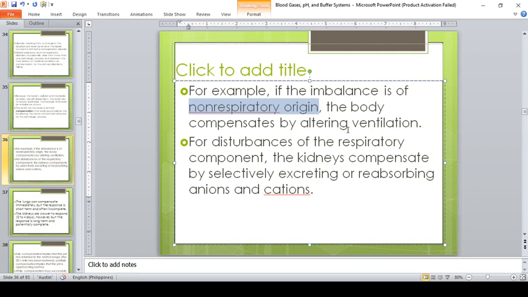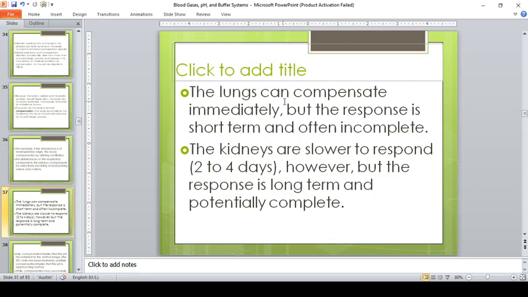So, ano ba yung method of regulating acid-base balance by the lungs? Two ways: either hypoventilation or hyperventilation. For disturbances of the respiratory component, that is the lungs, the kidneys compensate by selectively excreting or reabsorbing anions and cations, particularly the bicarbonate.